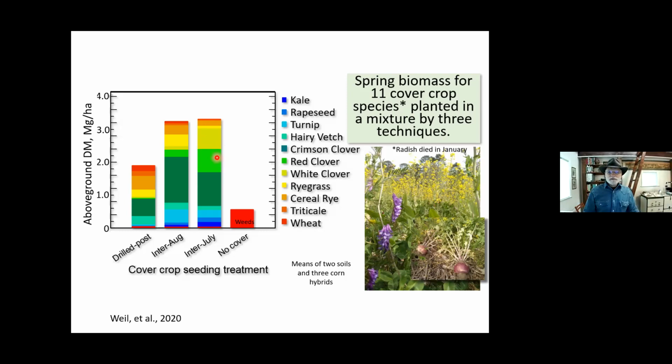The big ones are red clover and crimson clover, a little hairy vetch in here, and white clover was that one. And then we had the brassicas, which were kale, rape, and turnip. In the fall, there was a lot more brassica because that was radish, but it died. And of course, there was a lot of weed suppression here. Not many weeds growing with all of that. That's what it looked like. But we had some weeds where we didn't have a cover crop.